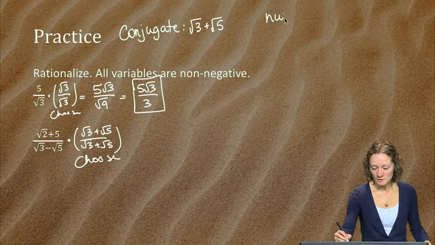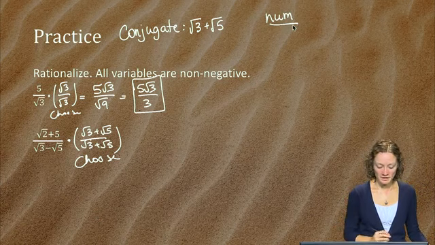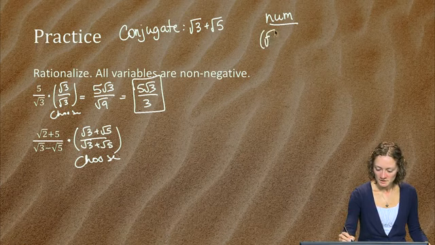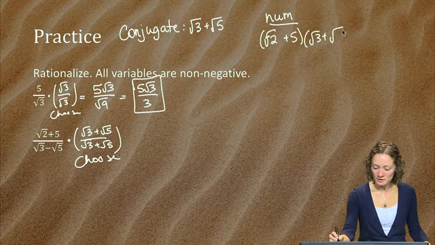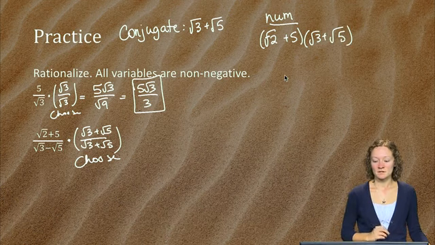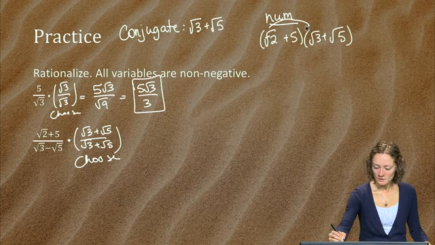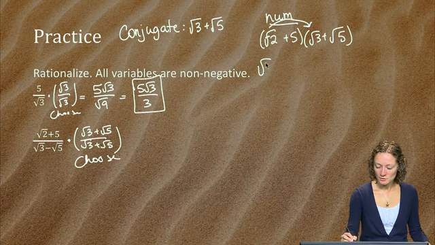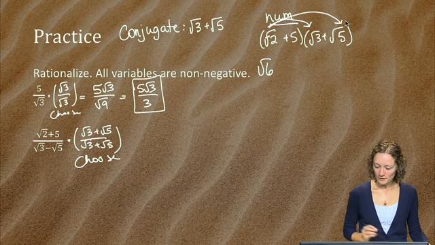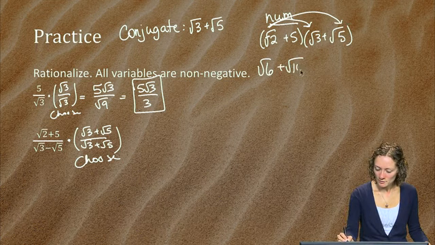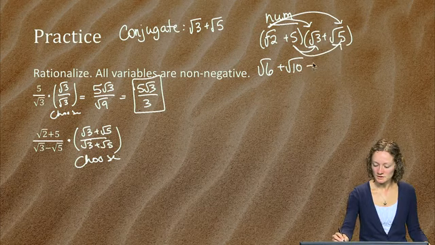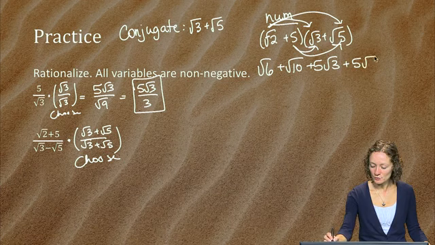So let's do the numerator over here. This is square root of 2 plus 5 times square root of 3 plus square root of 5. FOIL. Root 2 times root 3, square root of 6. Root 2 times root 5, square root of 10. Then 5 times everything, plus 5 times root 3 plus 5 root 5.